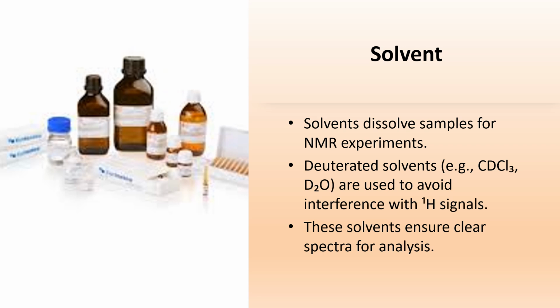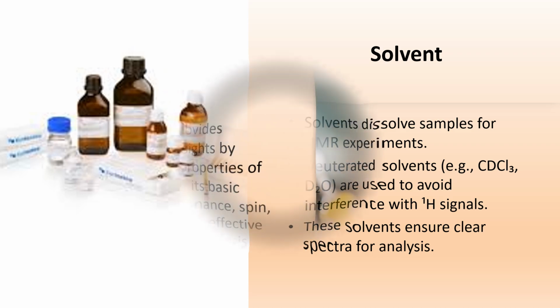In addition, we often add a reference compound called TMS, tetramethylsilane. TMS has a unique signal that we use as a starting point to measure other signals in the spectrum. This helps keep the spectrum clear and ensures we get accurate results.